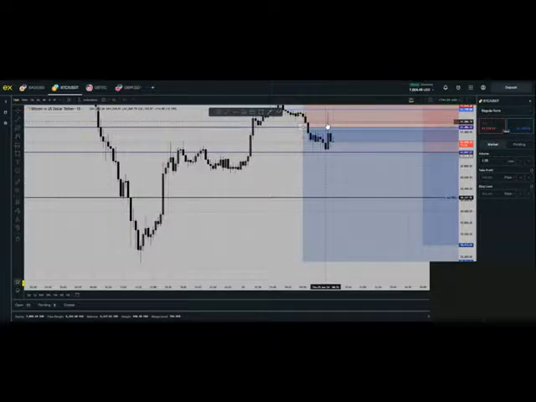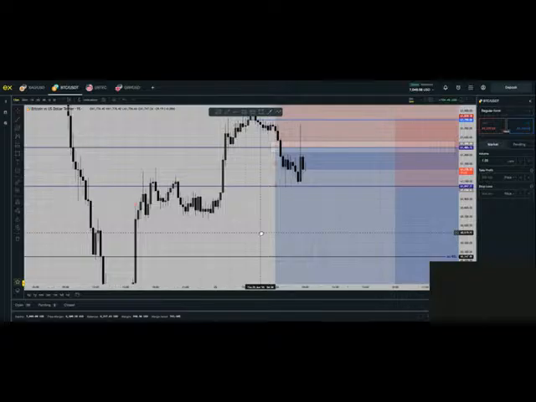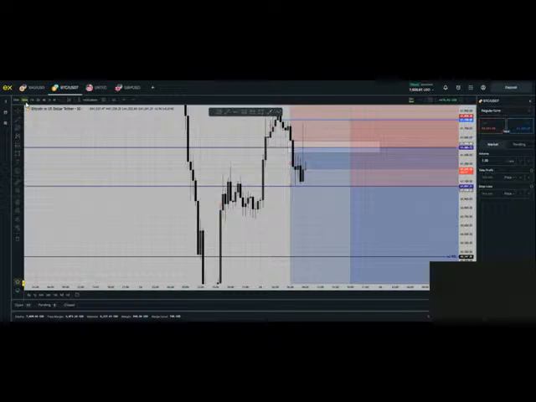We've got this spike up and a strong rejection, followed by a down close candle, right here. So we need a body closure below this level, then we are going to be good to go for this position.